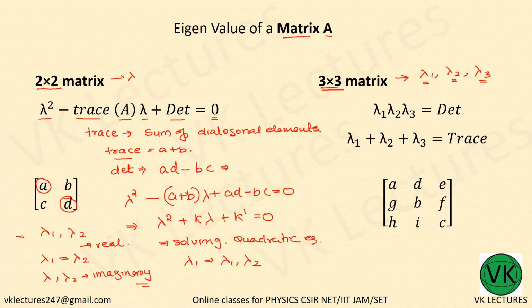Now lambda 1 into lambda 2 into lambda 3, that is the product of the eigenvalues, is nothing but the determinant, and the sum of the eigenvalues will be equal to the trace. And what is this trace? A, B and C. So sum of eigenvalues equals trace and the product of the eigenvalues equals determinant.